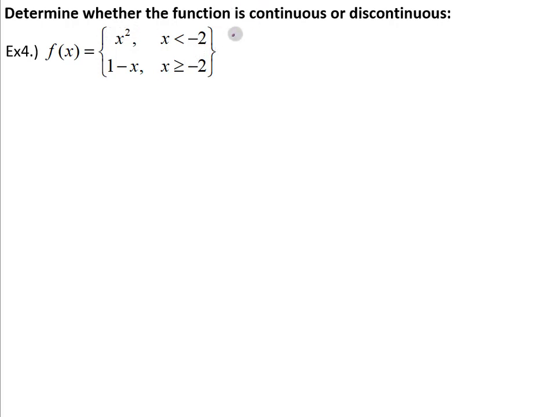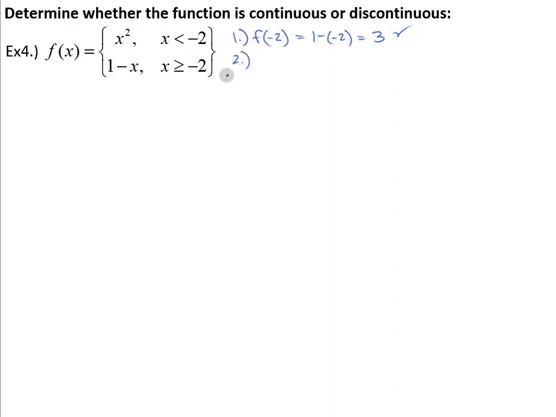So let's first figure out f of, and I'm really worried about this point, -2. So is it continuous or discontinuous at this point? So when I plug in -2, again, the one it's allowed to equal ends up being the bottom function here. So we plug in 1 minus -2, which gives us +3. Okay, it exists. 1 is a check mark.